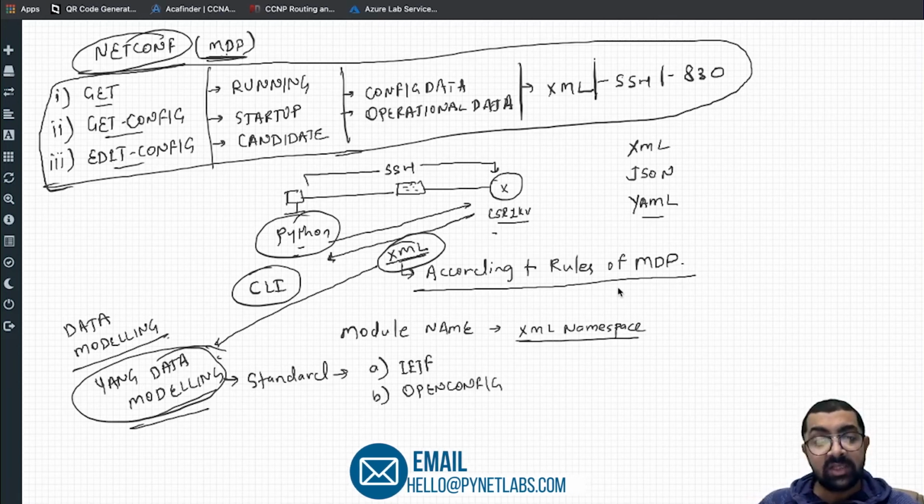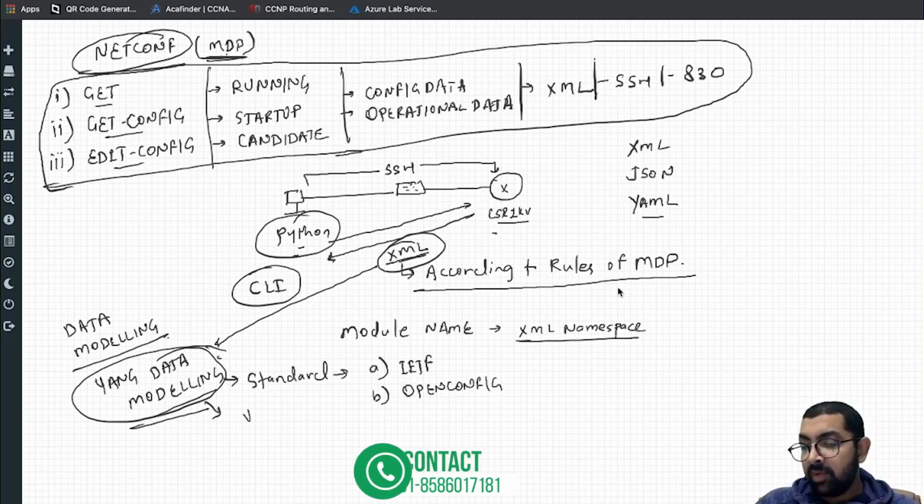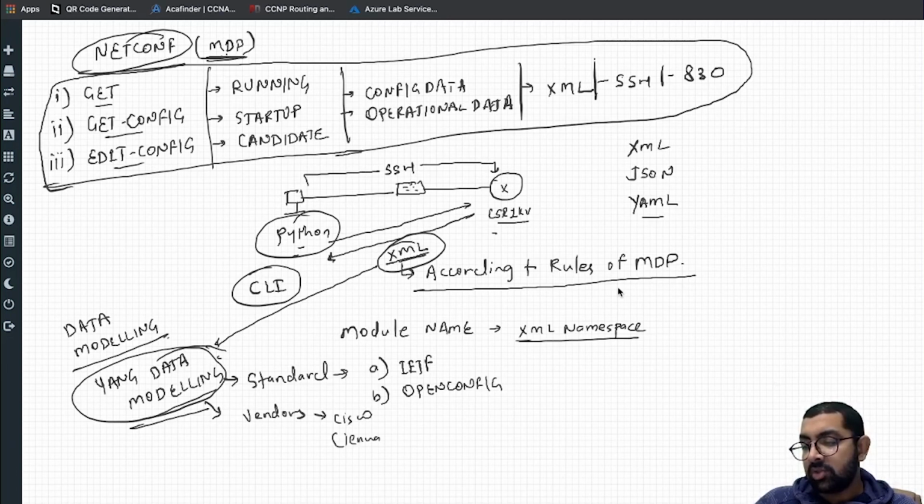These two organizations create standard Yang data models. The second type of body is the vendors themselves. Vendors like Cisco, Ciena, Juniper, Huawei, Nokia and others can create their own data models that support their devices.